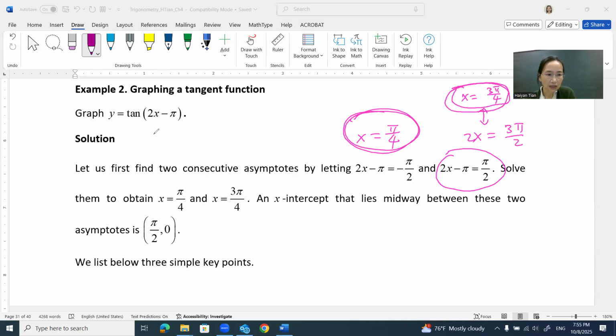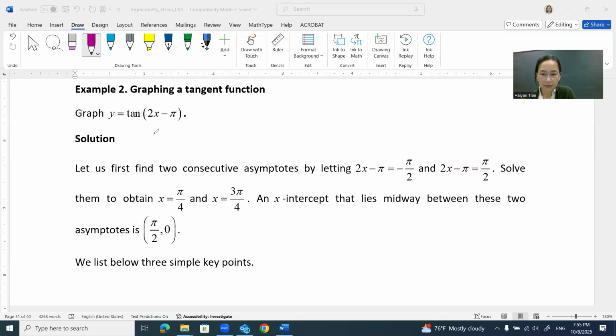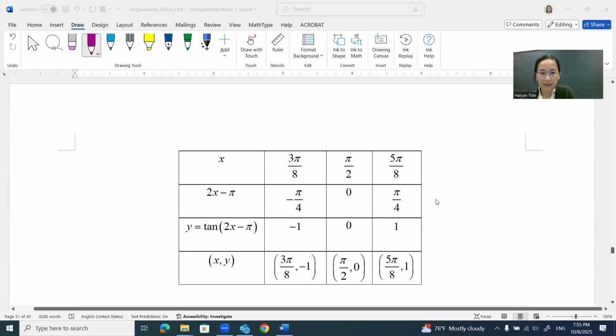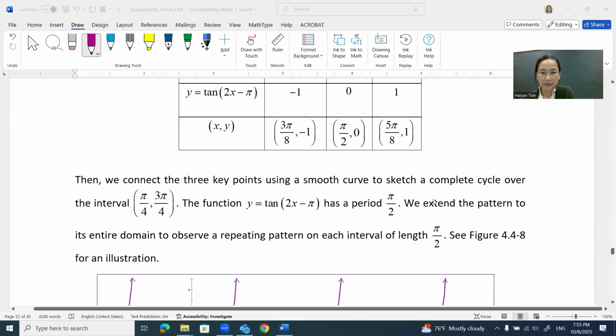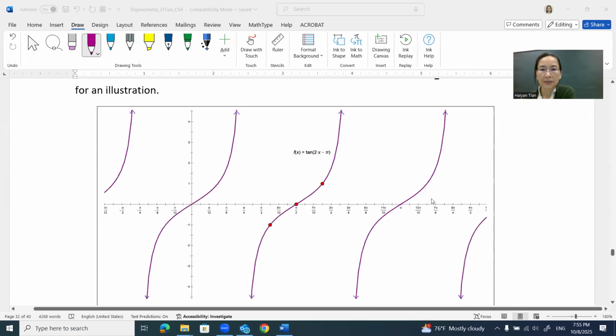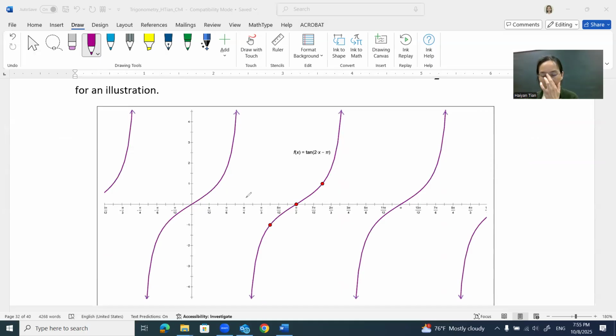Let's show that. So what you see, x is pi over 4. This is 3 pi over 4. This is pi over 4.